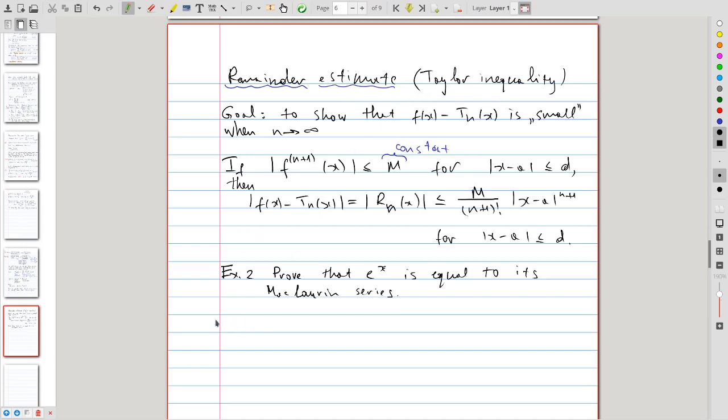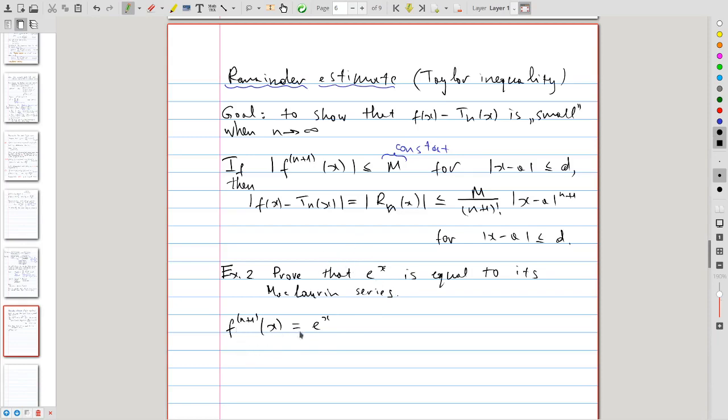So let us say we want to look at the difference, the remainder of order n. Then by this discussion, we need the derivative of order n plus 1 of f. And of course, it is e to the x, because the function being e to the x means all of its derivatives are e to the x.